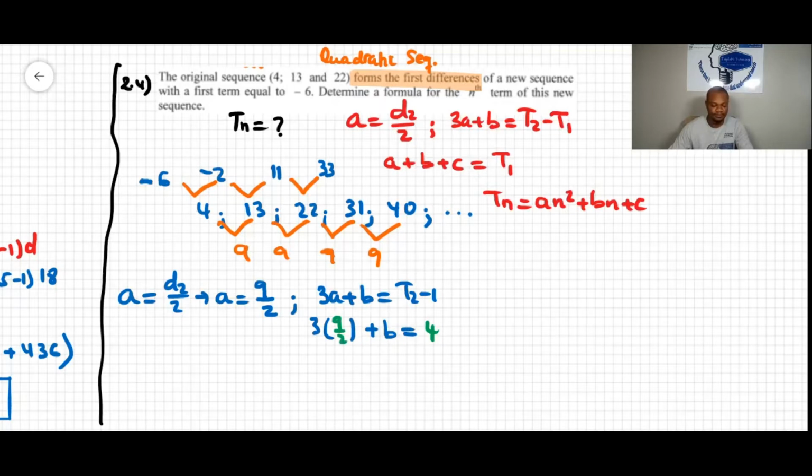This implies that 27 over 2 plus b equals 4, so b will be 4 minus 27 over 2, which makes b equal to negative 19 over 2.